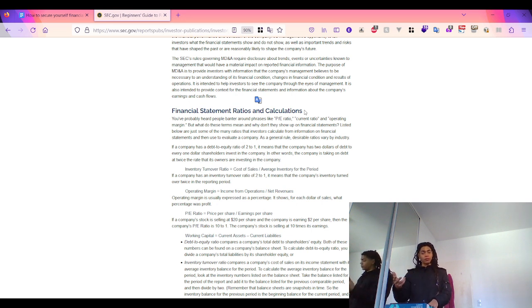also warranty obligations. So all of these common operating assets and liabilities are something that the first part of the cash flow statement, the operating activities, reviews, okay?